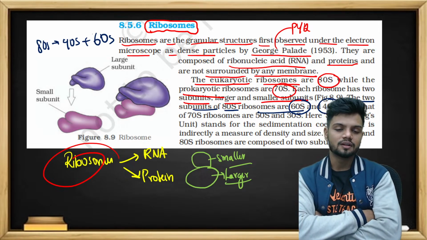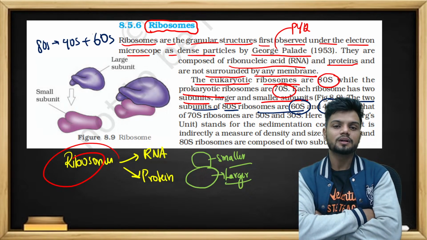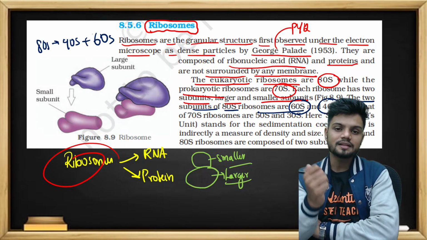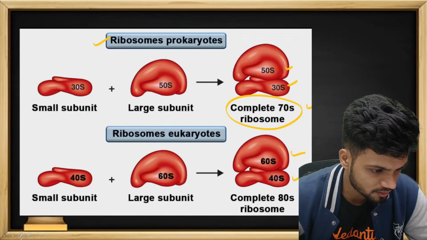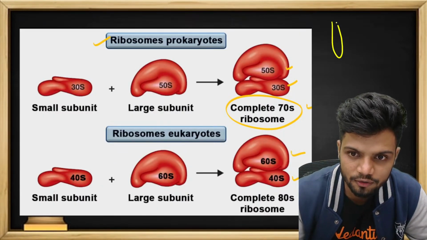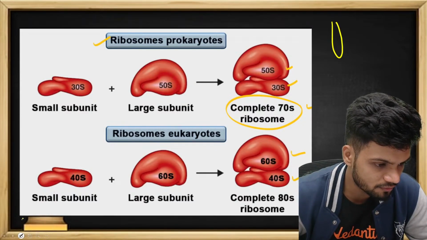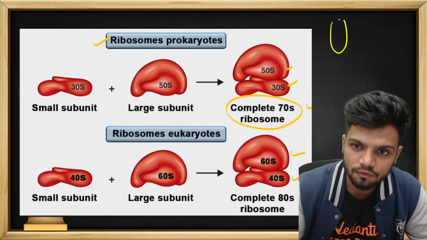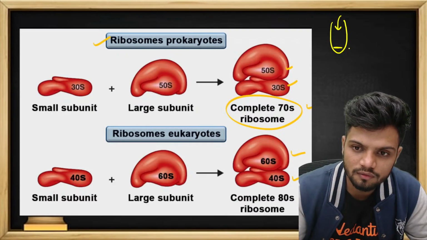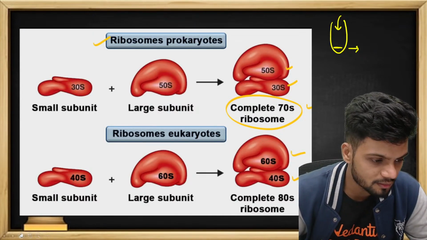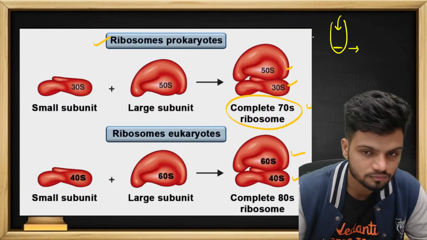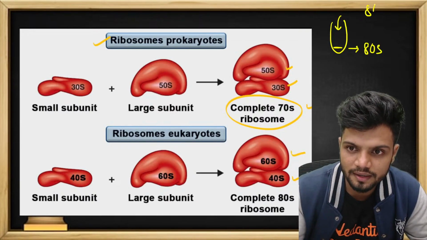Because students, this is not additive. 40 and 60 are values derived from the sedimentation coefficient. For example, if you take the ribosomes and add them into a test tube like this, at the bottom we will have the 80S ribosome.